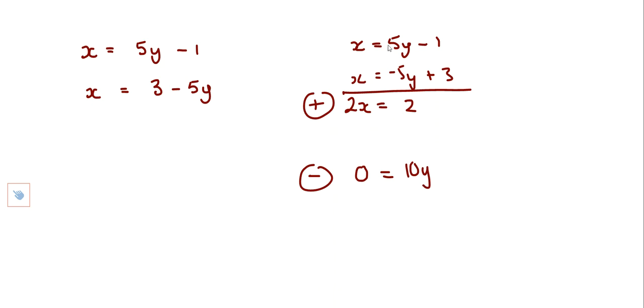Minus 1 subtract 3 is minus 4. Slightly different position here, but I could still now solve this. What would I do to solve this? Add 4, so I get 4 equals 10y. Then y is 4 divided by 10.